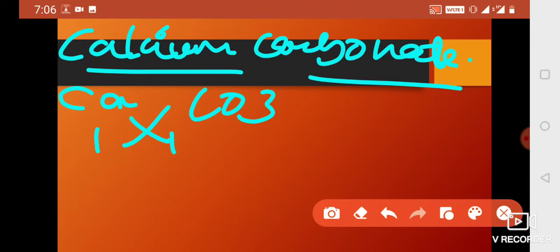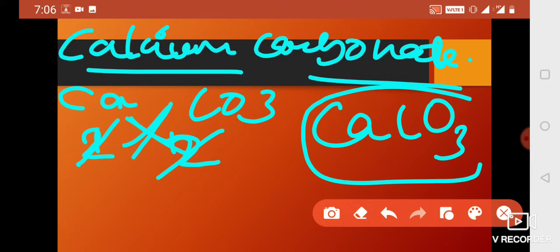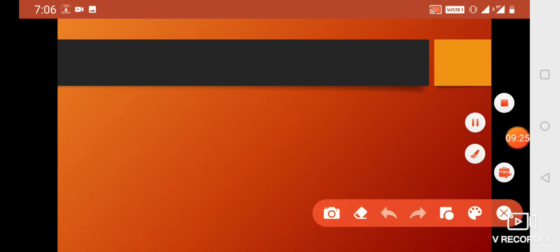Sorry, calcium is 2 and CO3 is also 2. My mistake. So we have to cancel the same valency. So we get the formula. Please don't be confused in valencies. So now we write the formula as CaCO3.